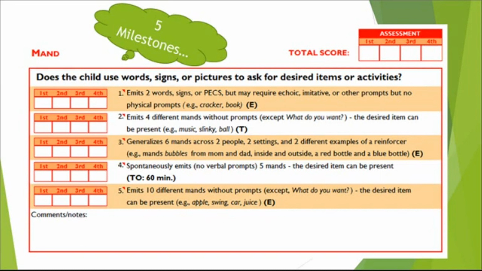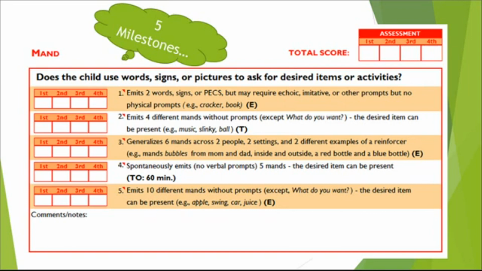Each section has 2 parts, so here's 1, 2, 3, 4, and 5, and each of those deals with 5 of the milestones related to the mand in level 1.